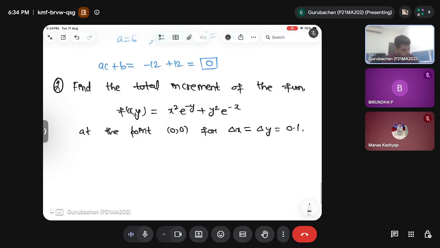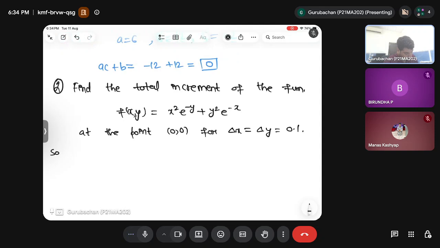So let us do it. We have been given delta x, delta y, and the point also. The total increment of f has been asked, so that means delta f, or you can say delta z.